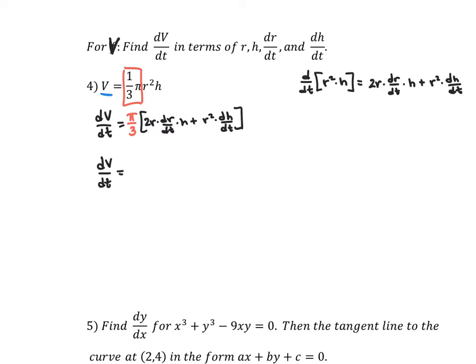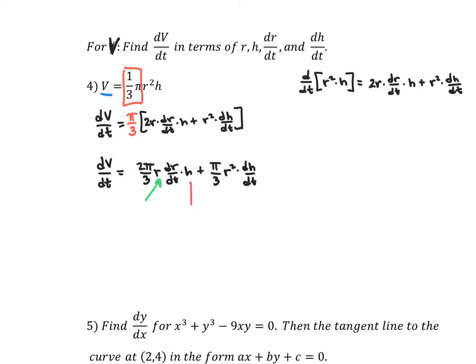So the change in volume with respect to time will be 2 pi over 3 r dr dt times h plus pi over 3 r squared dh dt. Now let's talk a little bit about these variables. R is just the radius, and in this case that would be the radius of a cone.